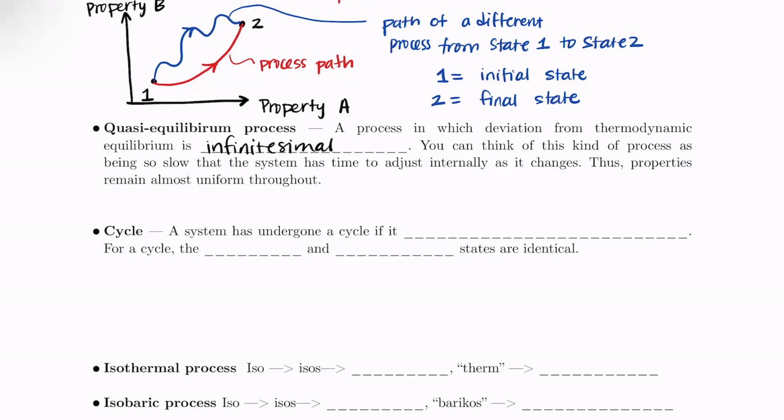So you can think of this as a process where the change is so slow that the system essentially has time to reach equilibrium at each part of it. And that means also that the properties are going to remain approximately uniform throughout the whole system. Okay.